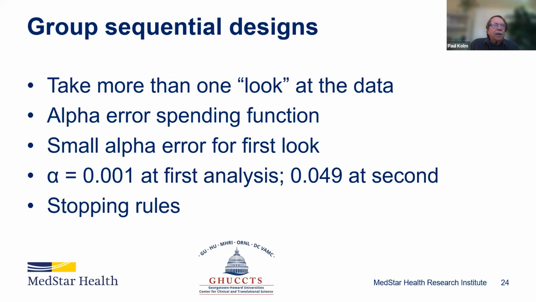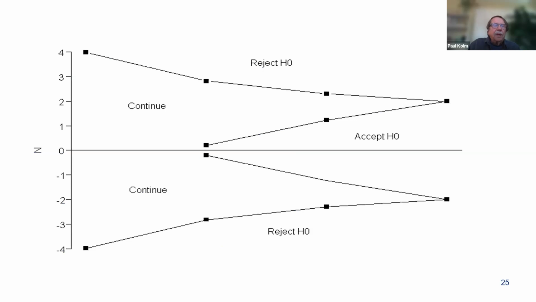And so then we can calculate stopping rules where we, in this case, say we're going to take 4 different looks at the data. Here is our initial one, our second one, our third one, and then our last one is going to be our 4th look at the data.